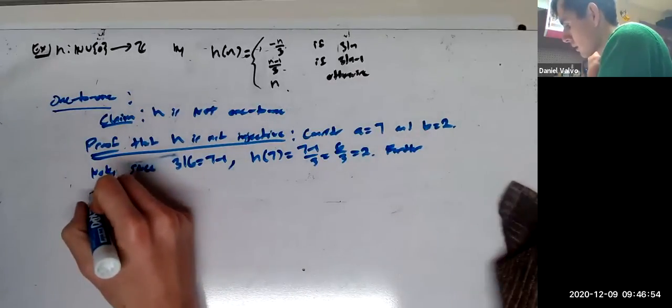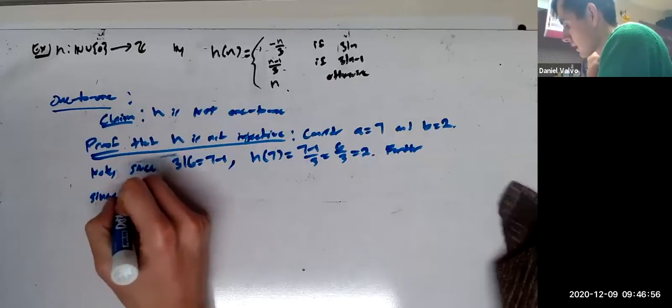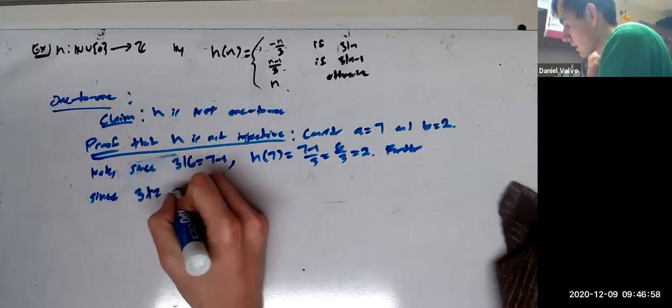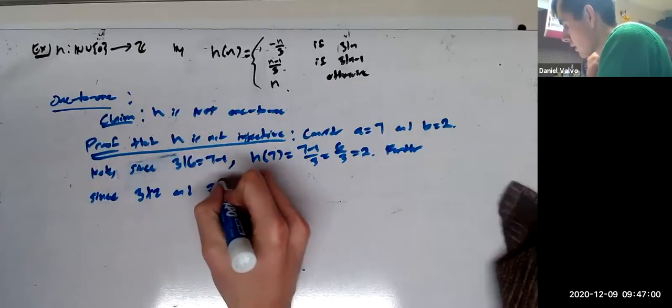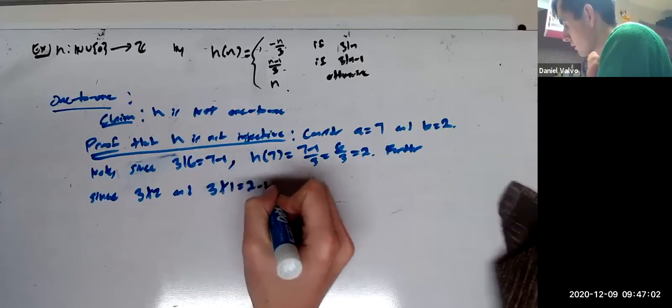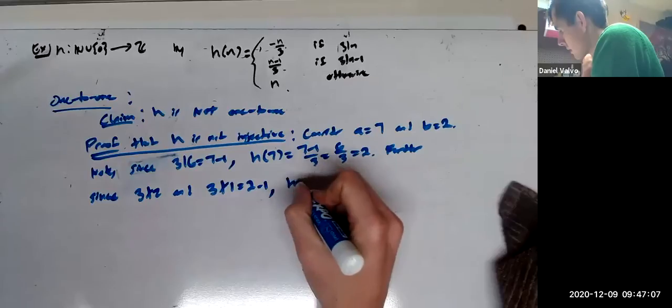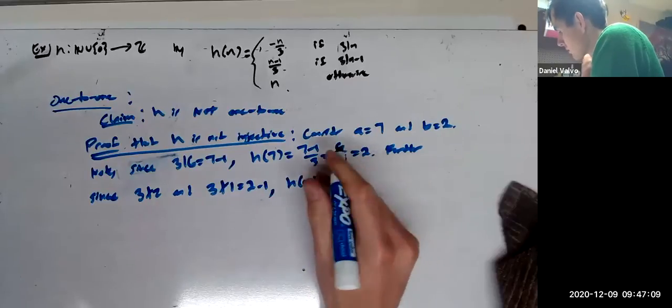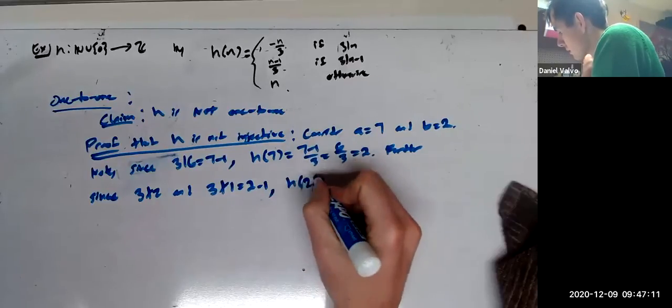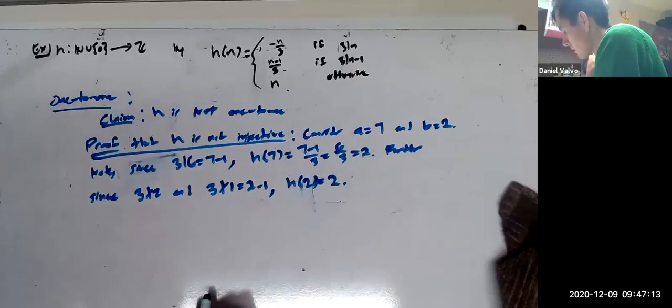Further, since 3 does not divide 2, and 3 does not divide 1, which equals 2 minus 1, we're not in this case, we're in the otherwise case, so H of 2 equals 2.